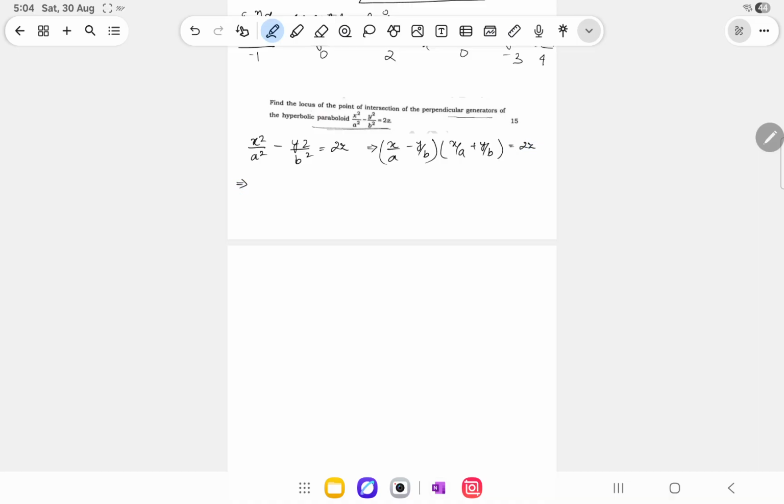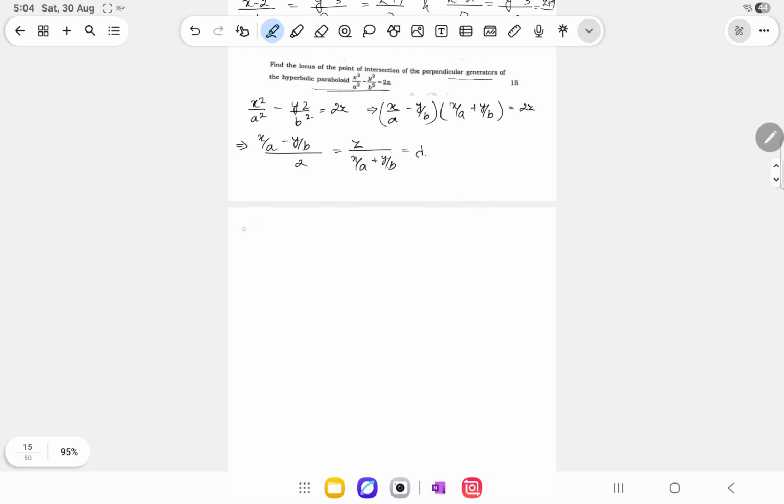So from here I'll get two families of generators. One is this one, z upon x by a plus y by b. Let's say it is the lambda family of generators, and another one is x by a plus y by b. Let's name it the mu family of generators.